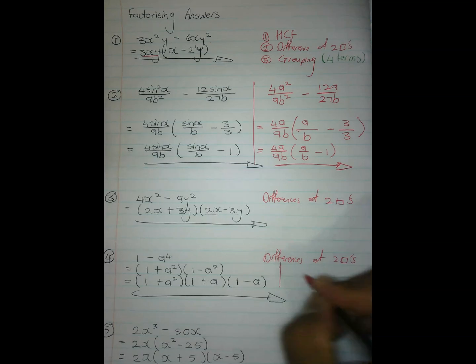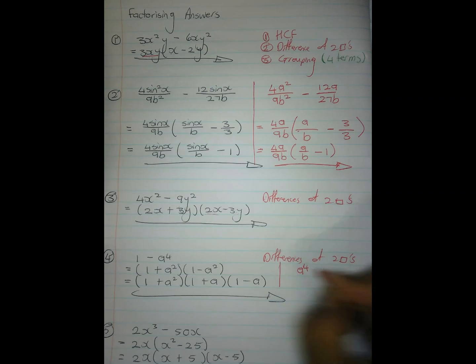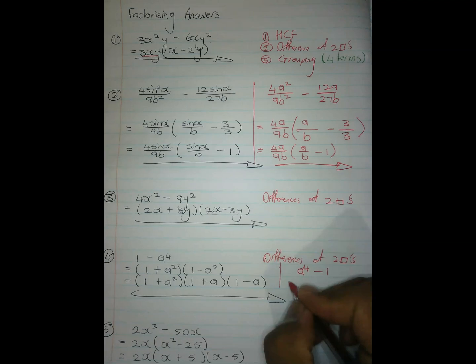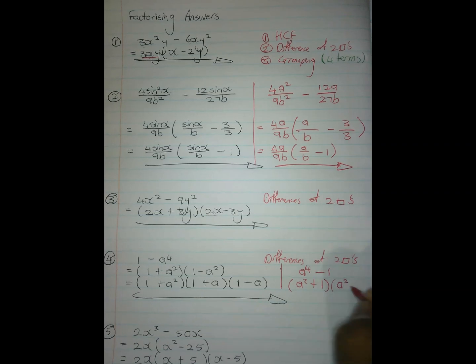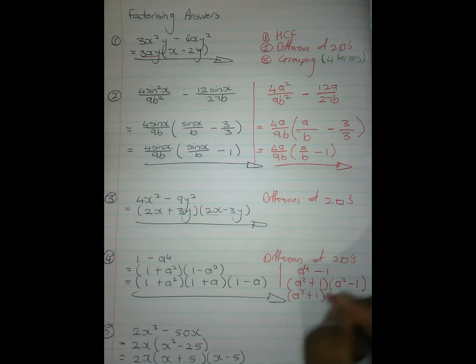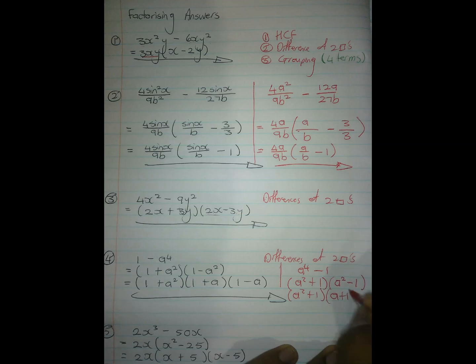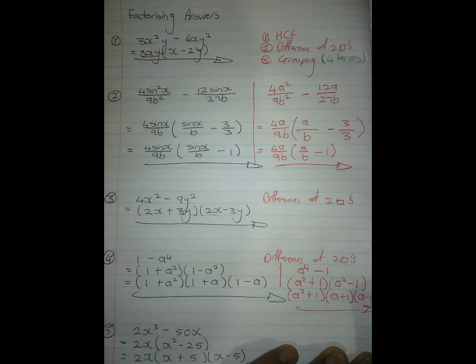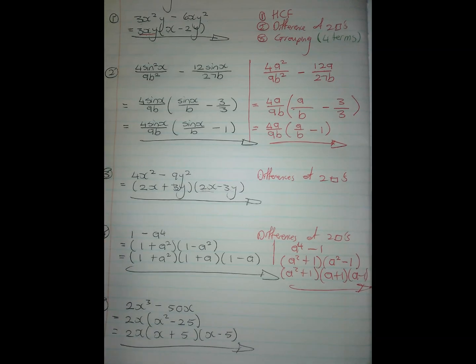If you had a to the power of 4 minus 1, you're going to have a squared plus 1, a squared minus 1. Then you write this over. Then you're going to have on the side a plus 1, a minus 1.